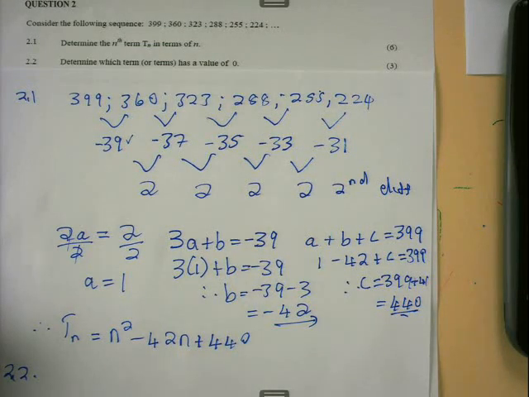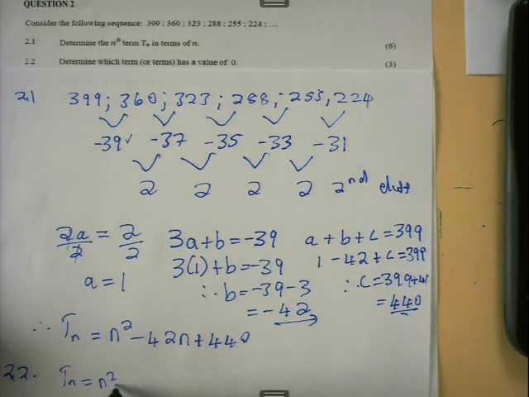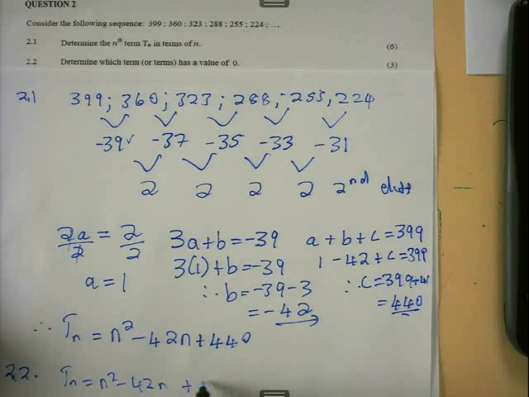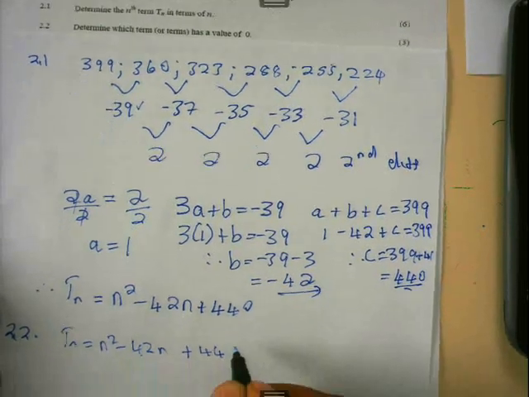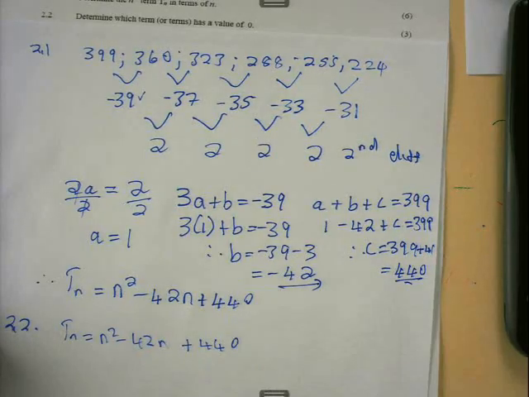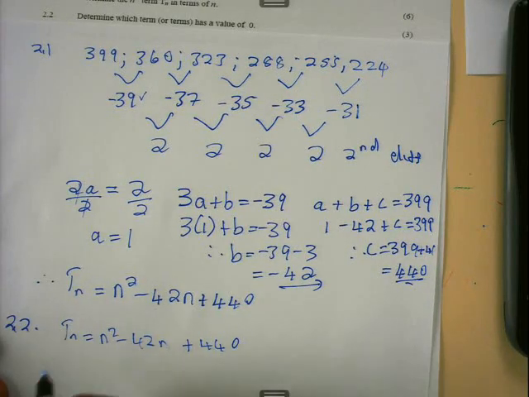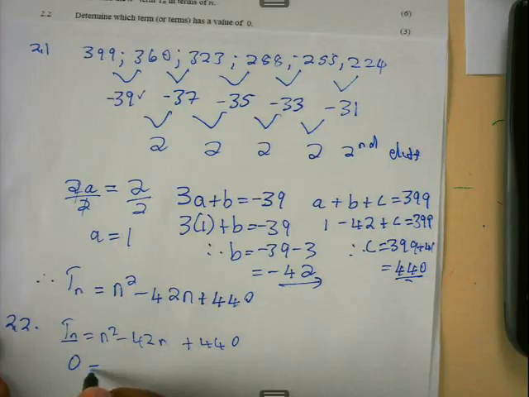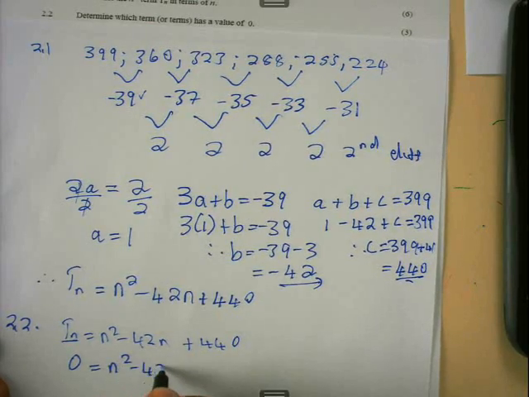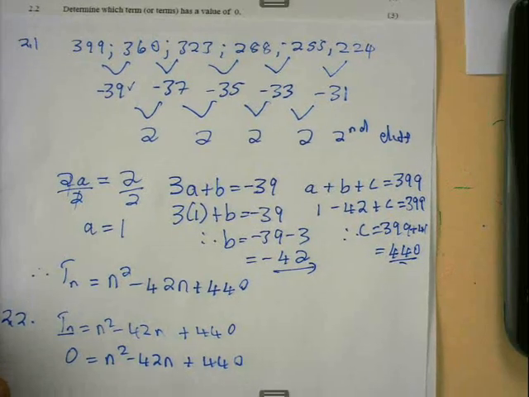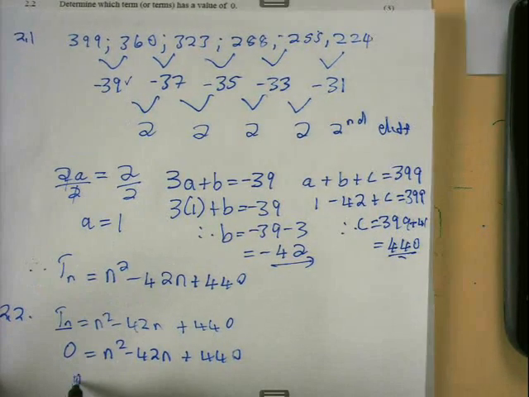If Tn is to be 0, we take Tn is equal to n squared minus 42n plus 440. Now we substitute Tn with 0. Now we have n squared minus 42n plus 440 equals 0. Right, boys and girls, the next step here is to do what?